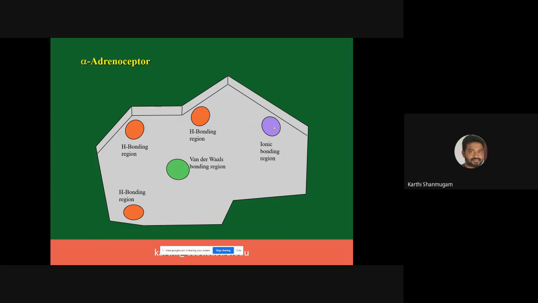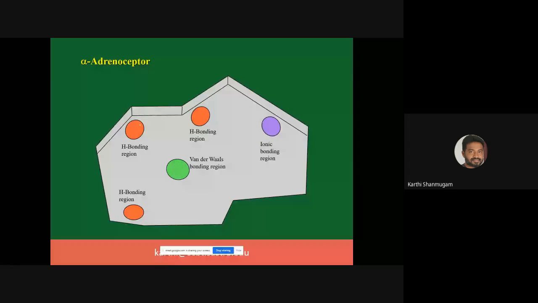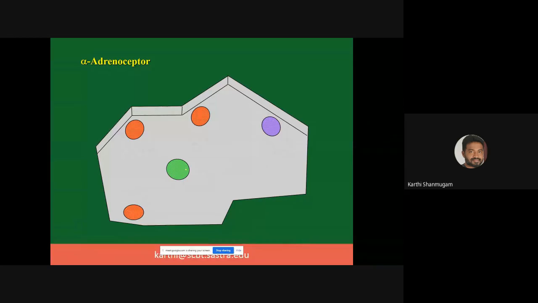The violet color is the ionic binding region, the orange colors are hydrogen bonding regions, and the green color is the van der Waals bonding region. Here we have a small molecule, adrenaline.